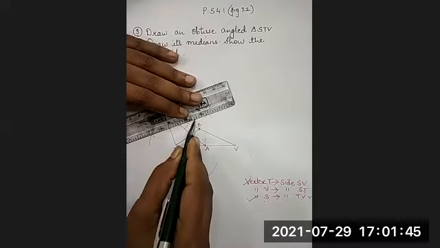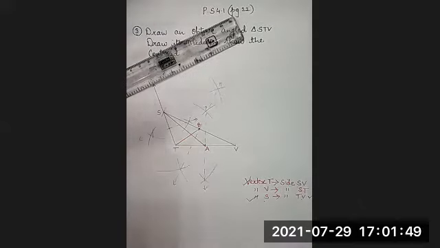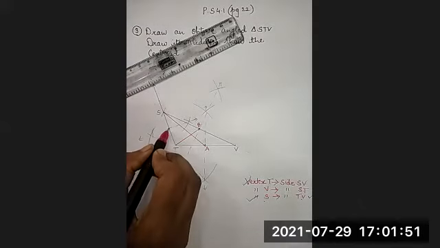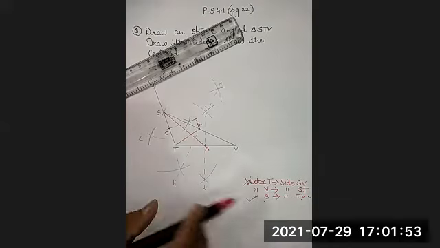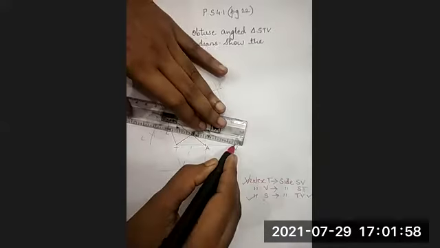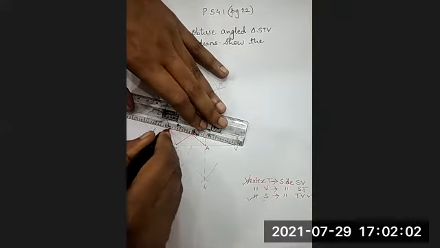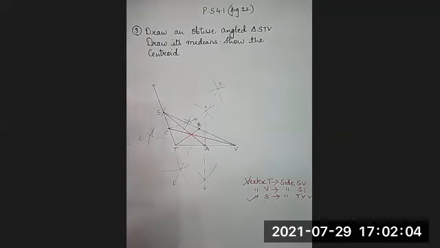I'll make the midpoint first and then a dotted line. So this is my midpoint. I name it as C. Now, which vertex is left? Vertex V. So from V, I will join to this point C. So here is my obtuse angle triangle ready, and even the medians are ready.